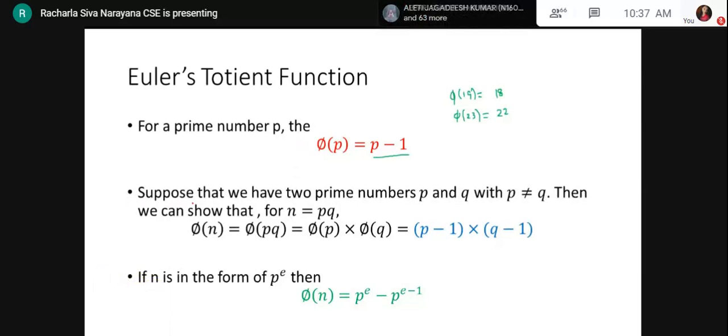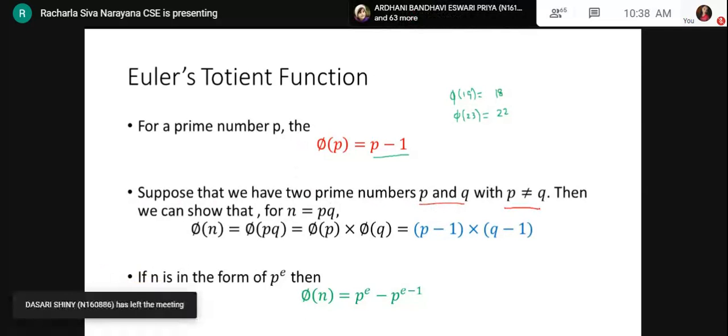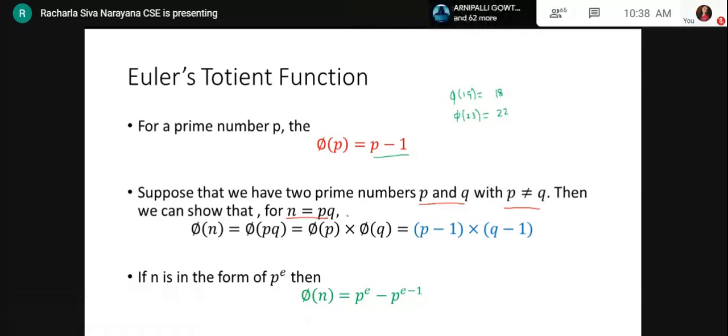Next, suppose that we have two prime numbers p and q, with p not equal to q, and n equals pq. So phi of n is equal to phi of p times q. Here p and q are prime numbers and both are not equal.